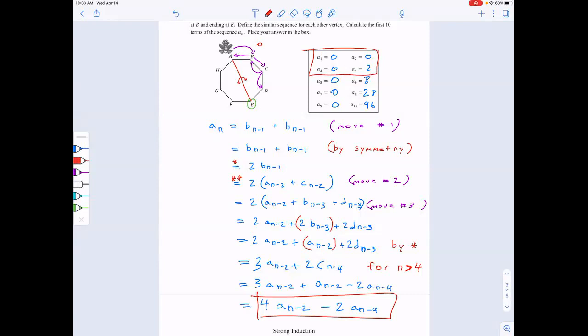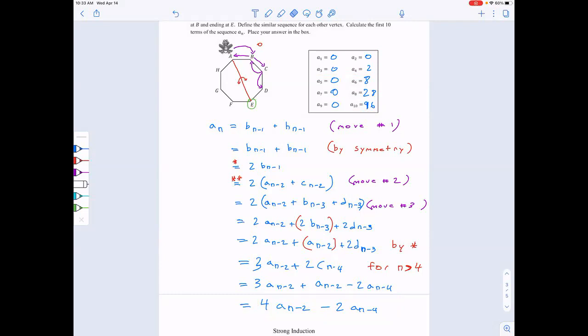That recurrence relation certainly makes it easier to count a sub 10. If we had to go through the brutal process of thinking about all the different ways you could move 10 times and come up with 96 different ways, but here, just with some pen and paper, we can cleverly calculate what these numbers are, and we could keep going bigger and bigger and bigger.